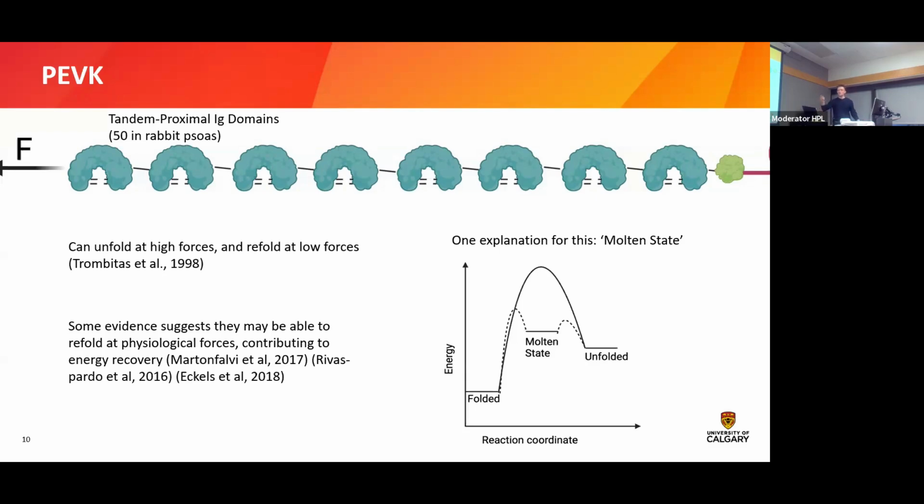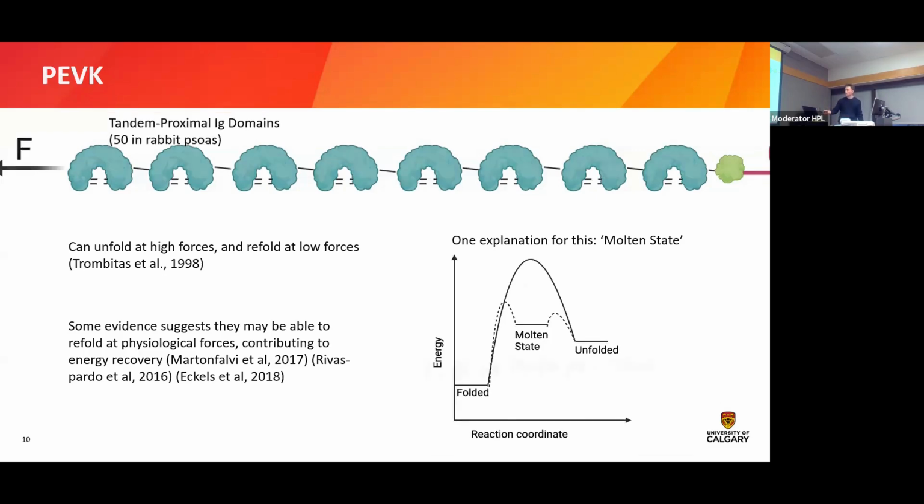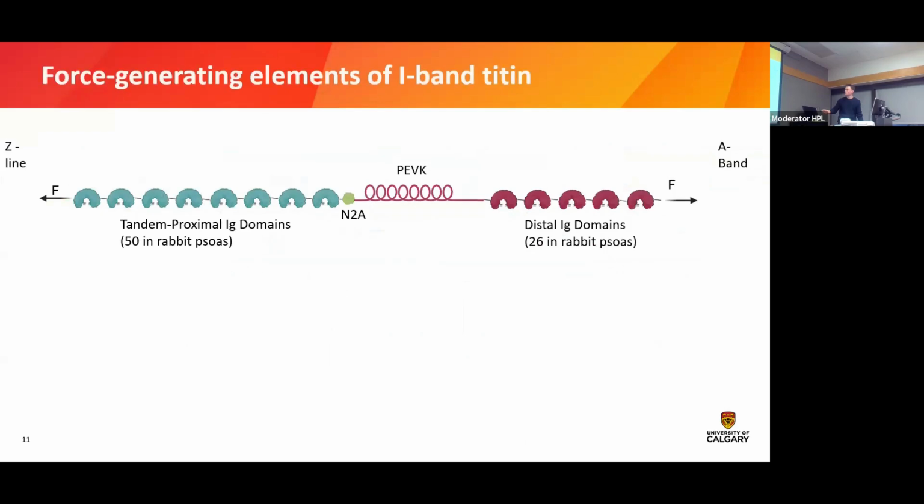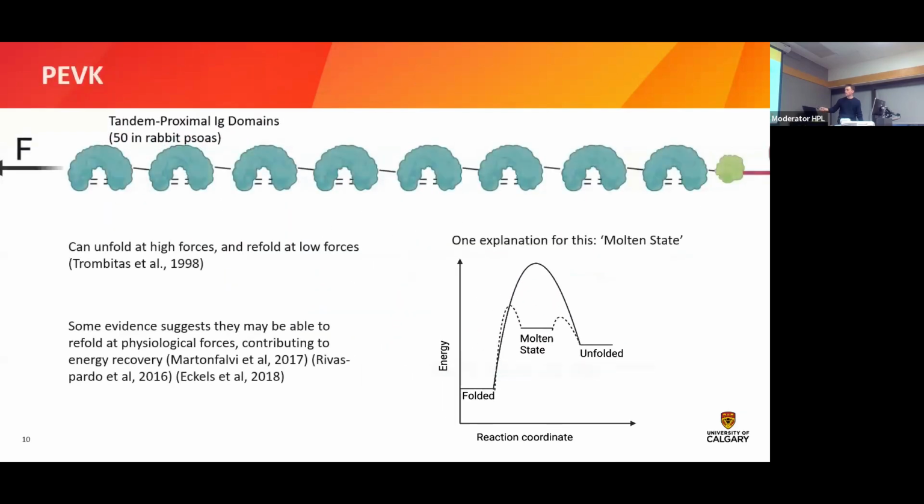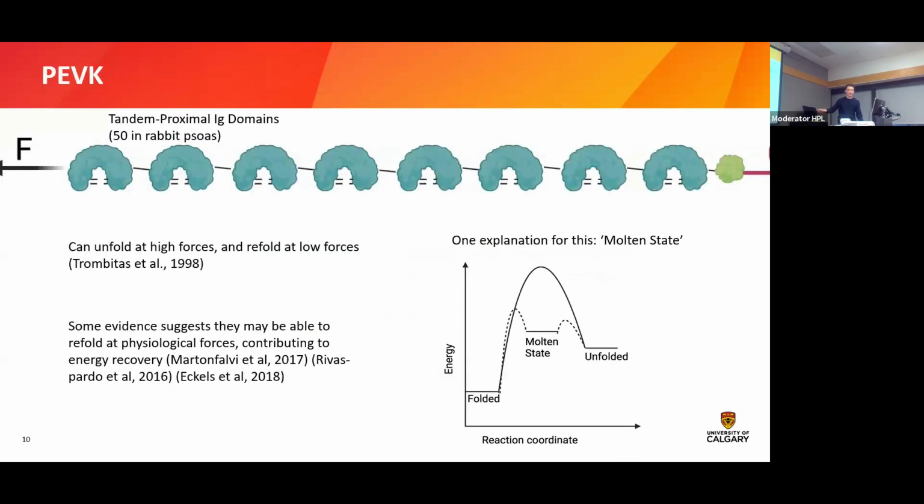The idea is, maybe some of these immunoglobulin domains can unfold a little bit, and then they can go back between folded and molten state. This would contribute length, and this would contribute work if they were able to go back and forth between these states more easily because the activation energy threshold is lower. And so that's what's been proposed.